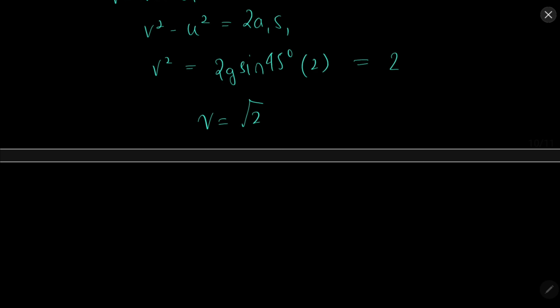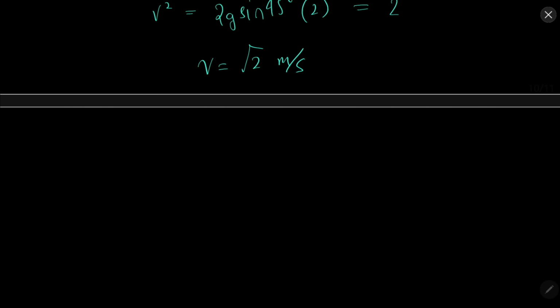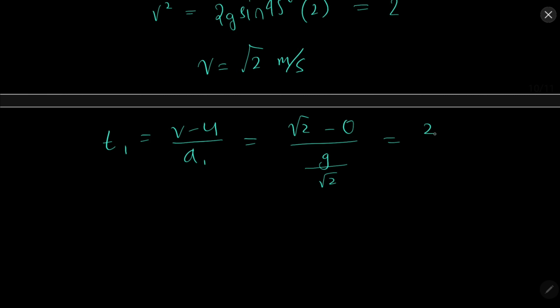So V will be √2 meters per second, and T1 is V minus U over a1, √2 minus 0 over g over √2. So this will give us 2 by g, or 2 by 10, or 0.2 second.